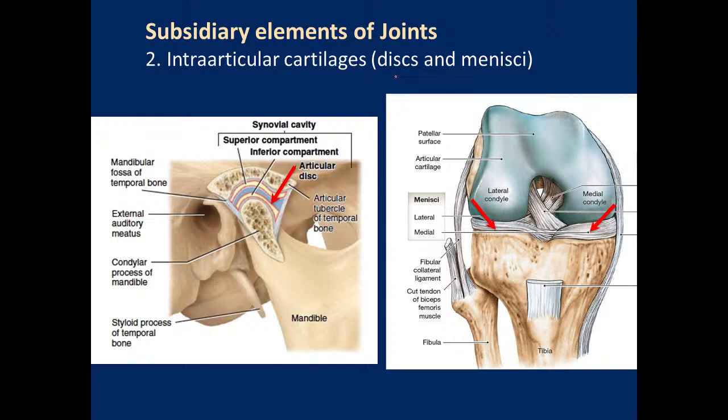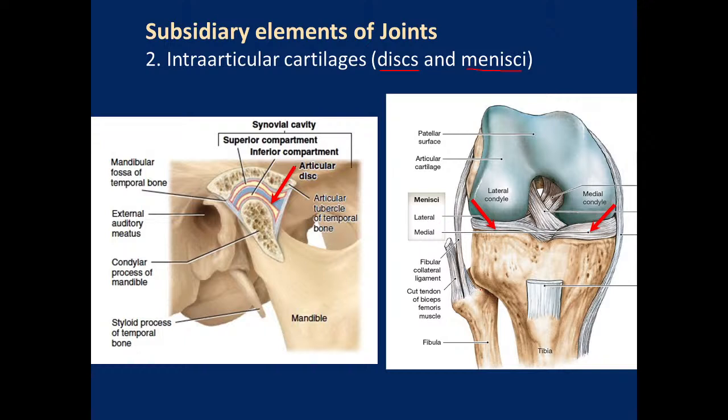They could be solid cartilages called discs, and partly solid cartilage like menisci.